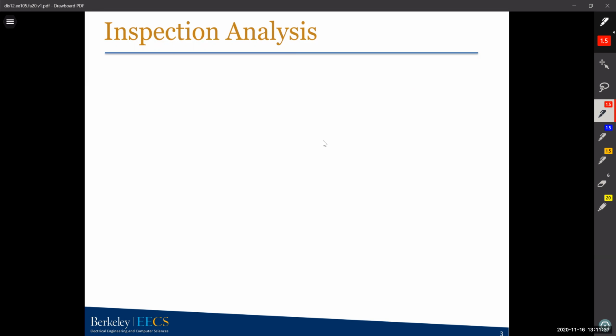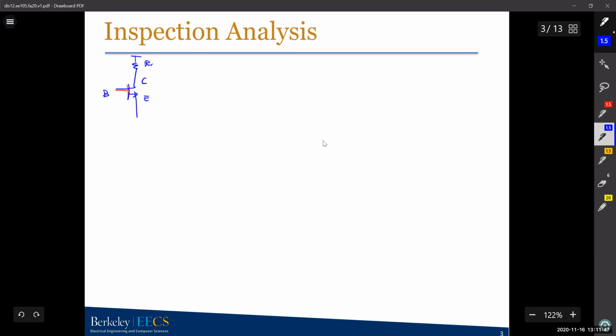So first, you have a BJT like this. This is your base, collector, emitter, and you have an RC, RE. If we draw the small signal model of it, for this part I ignore those DC biases.